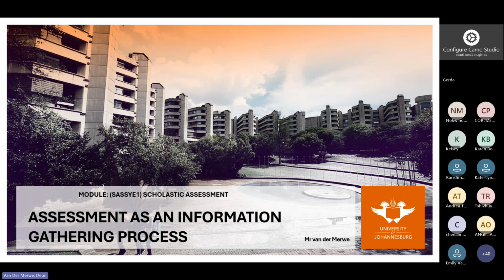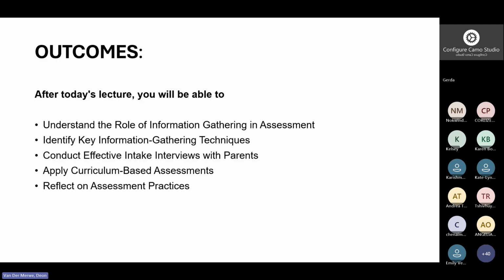So welcome everybody to today's session, where we will be looking at assessment as an information gathering process. After today's lecture, being attentive to what we will be engaging with, you will be able to understand the role of information gathering in assessment.